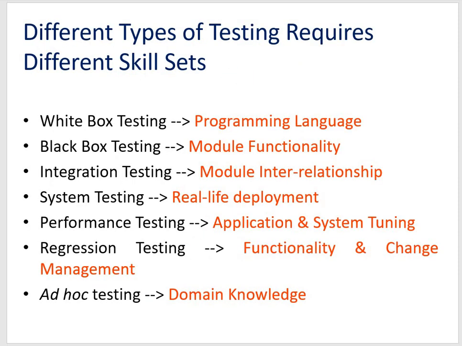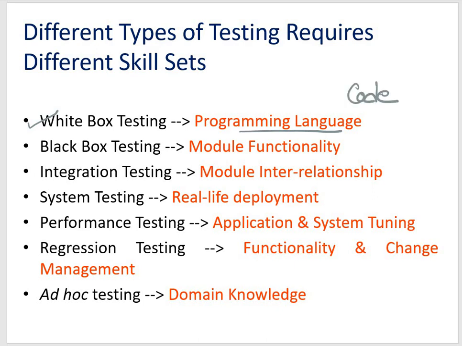Now see, this is a list of the different types of skill sets required for testing processes. In order to go for white box testing, I need to have an idea about the programming languages, because this time I'll be looking into the piece of code.